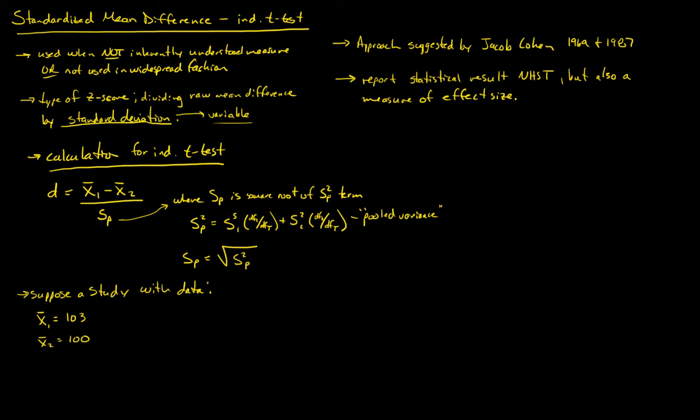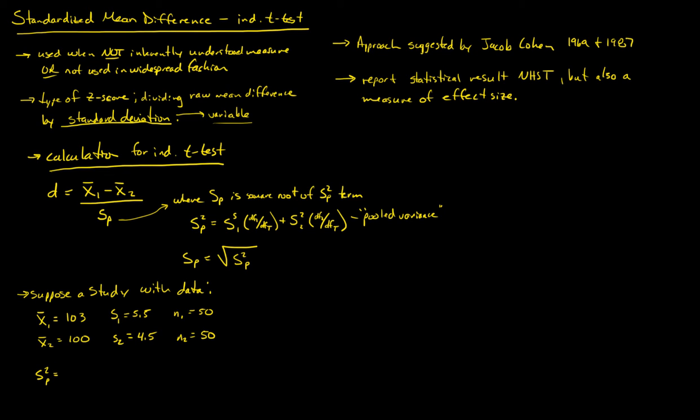Let's say the standard deviation of group 1 is 5.5, and the standard deviation of group 2 is 4.5. The sample size of group 1 is 50, and the sample size of group 2 is 50, so total sample size is 100. So how do we get this S squared term?